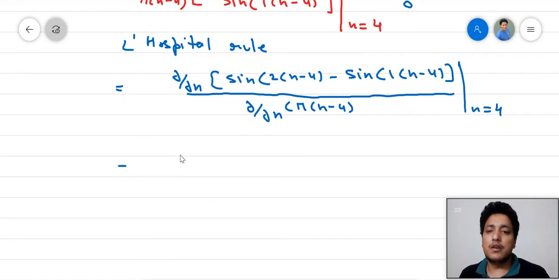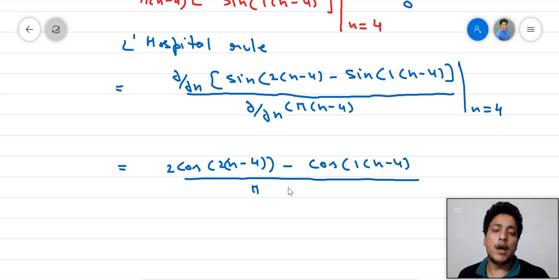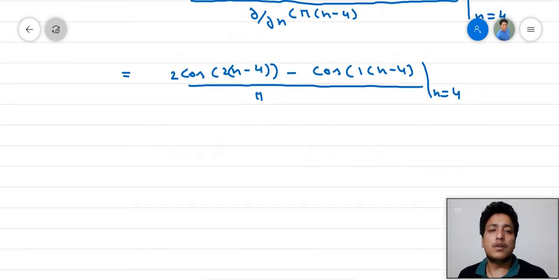This relation will give cosine 2(n minus 4) minus cosine 1(n minus 4) over pi for n equals 4.